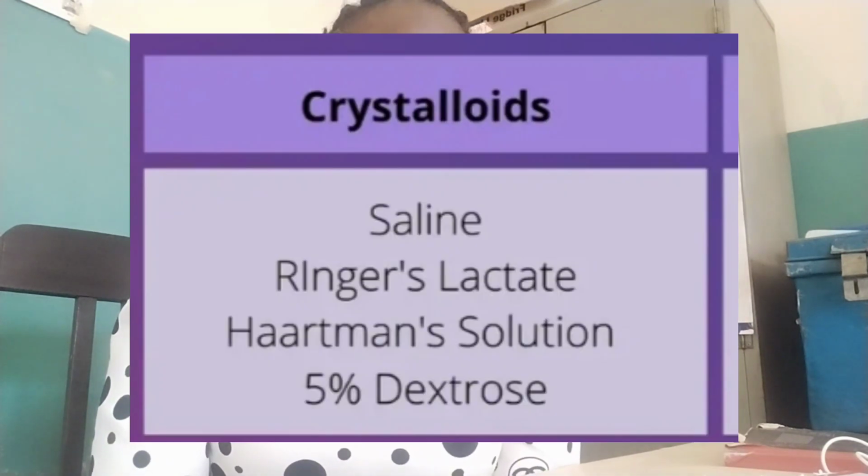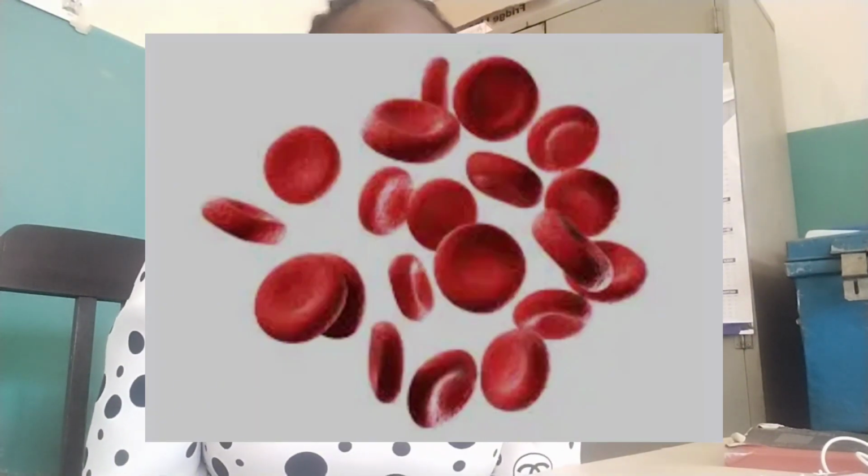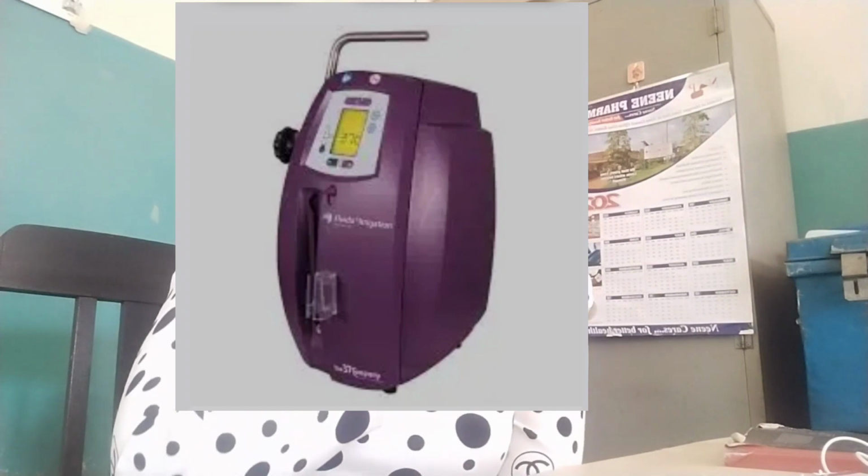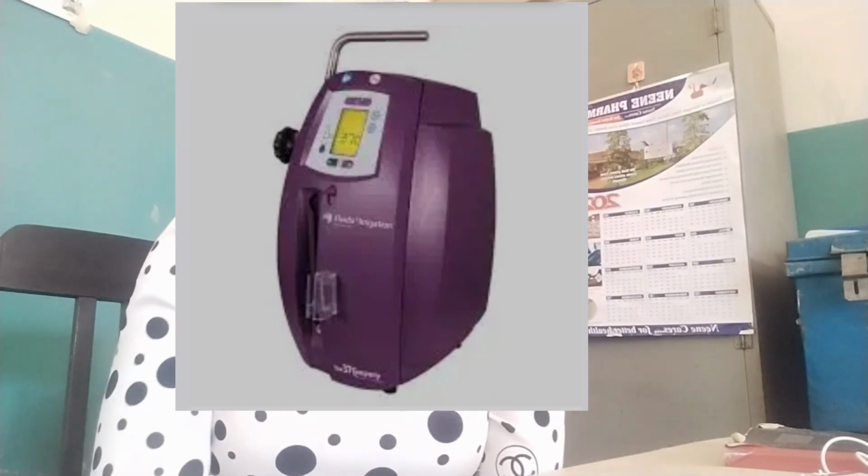Also, we can administer fluid, 20 milliliters per kilogram of warm crystalloid fluids. And if the patient is not responding, we can also add 10 milliliters per kg of red blood cells. This should be administered using warmers, so that we avoid hypothermia in children.